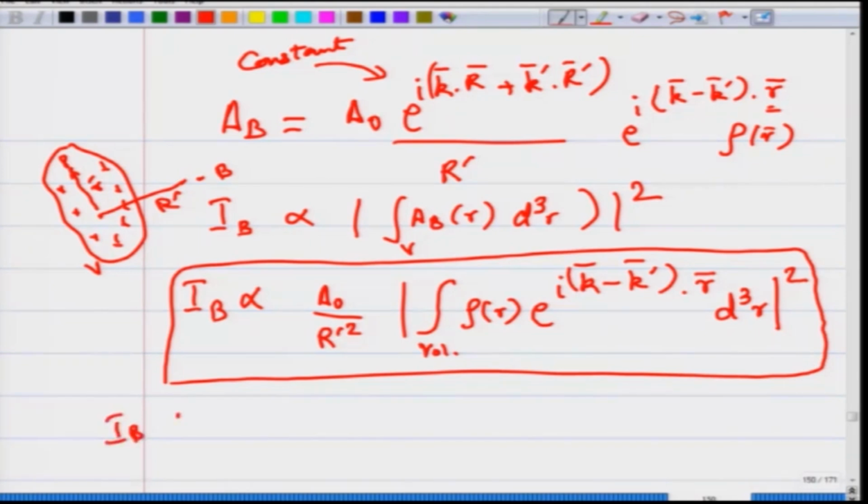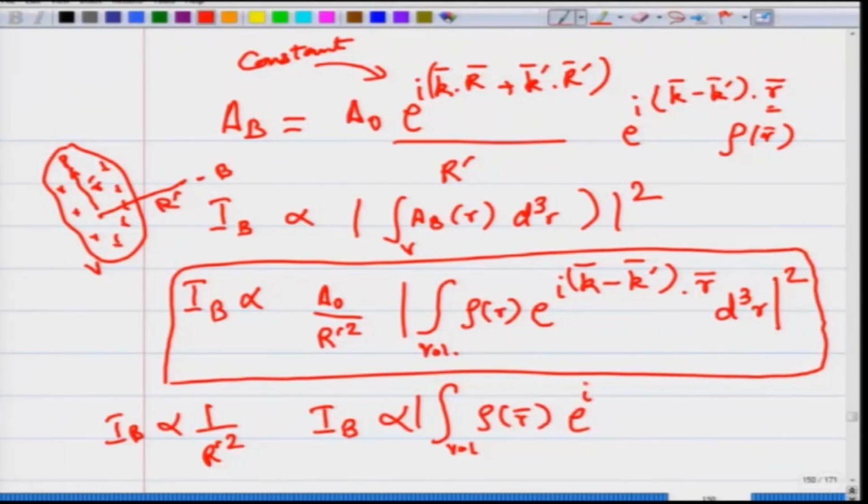So, the intensity at B is going down as 1 by r' square, the distance from this crystal, which is expected, inverse square law of intensity. But the intensity is now importantly proportional to a quantity which is integrated over the volume of the crystal. Rho of r is the density of the crystal at a point r, e raised to i (k − k')·r d cube r, the whole square.